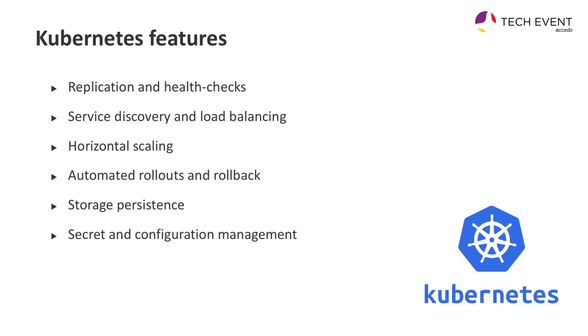Automated rollout and rollback is also a critical feature we really want if you want to go to production with containers, in order to release your services with newer versions: rolling updates specifically, as well as blue-green deployment, which is also very common. And then secret and configuration management is also an important feature.